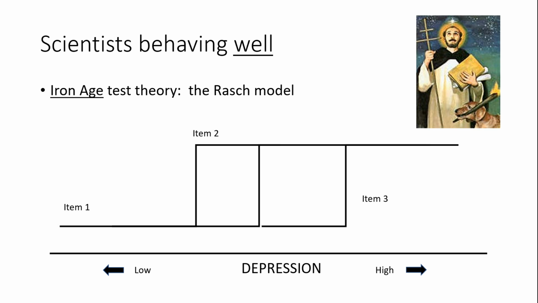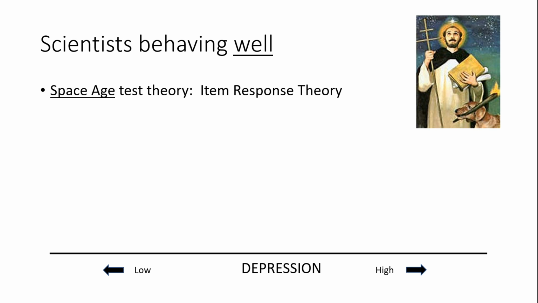If we have enough subjects, like 20 subjects per item, we can recover those points from the responses that people give to the items, and we can construct a much more fine-grained estimate of exactly where you lie on this depression continuum based on which items you endorsed. That's the Rasch model.